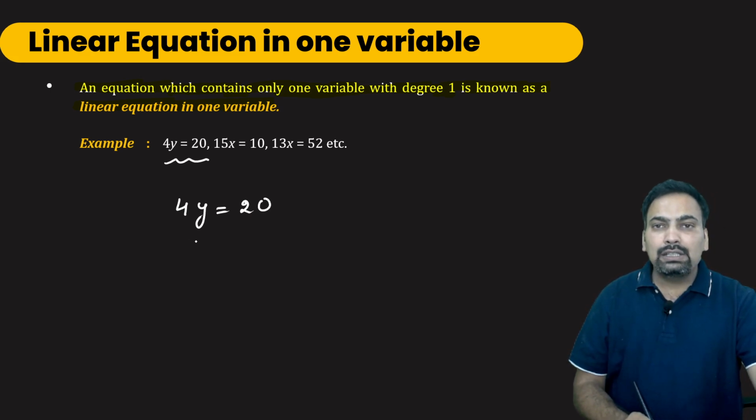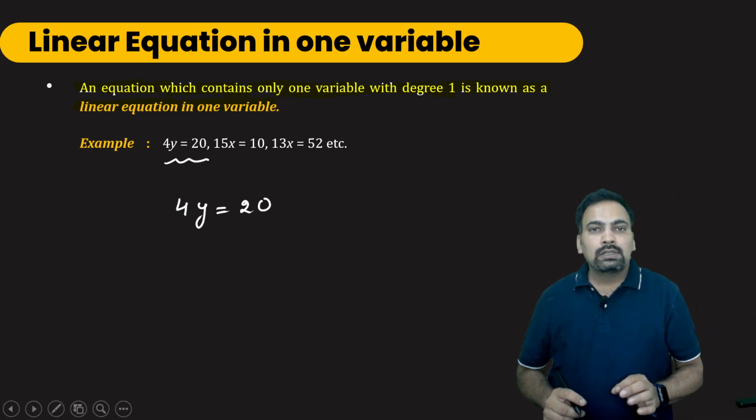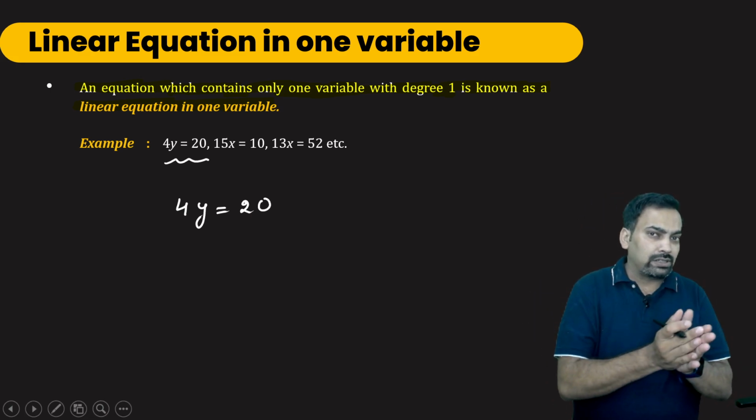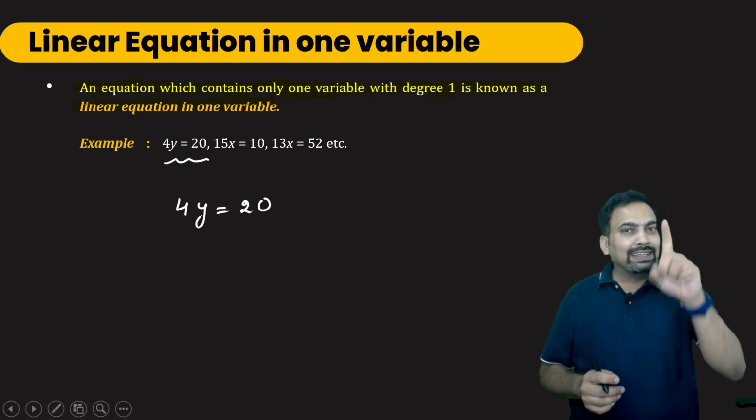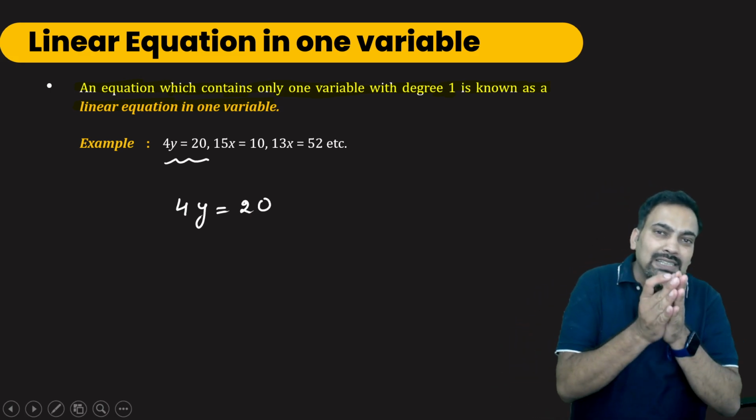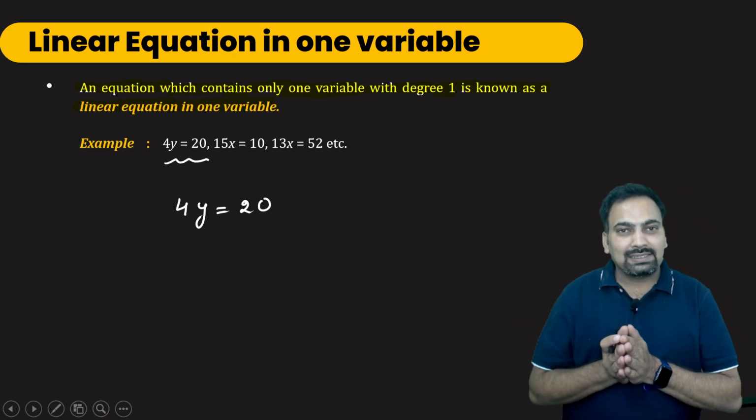Here you can see, the degree means what? In an equation, in each term. Term means, as you understood in class 7 and 8, which is separated by either plus or minus.